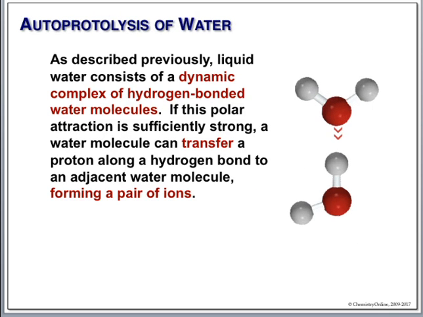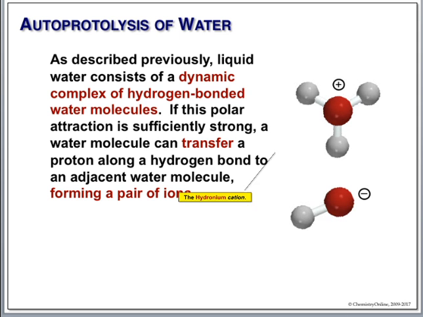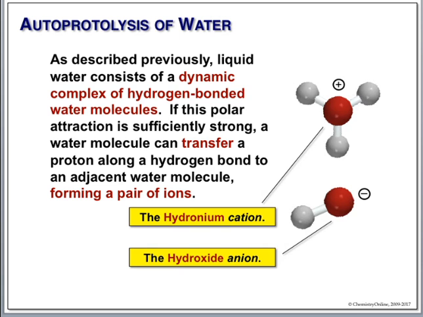That is, if you put two waters next to each other and you let them hydrogen bond, sometimes this bond becomes so compelling that the hydrogen on one water is actually physically transferred to the other water. The process looks something like this. And when that happens, you form a hydronium cation, that's H3O+, and you form one hydroxide anion, OH-.